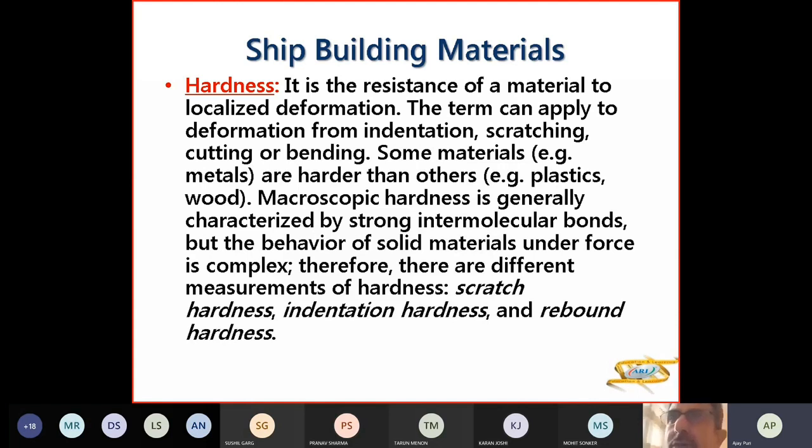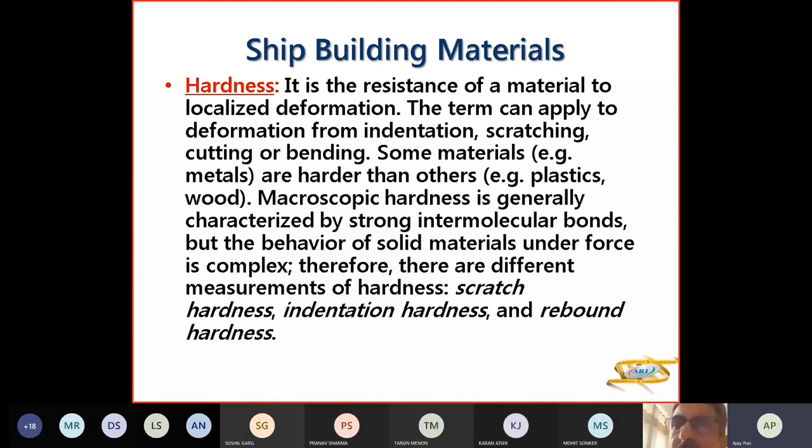Hardness is the resistance of a material to localized deformation, which can also apply to indentation, scratching, cutting, or bending. Certain materials are harder than others, like plastics and wood. Macroscopic hardness is determined by strong intermolecular bonds, and hardness can be measured as scratch hardness. That means you can't scratch a metal or a car.